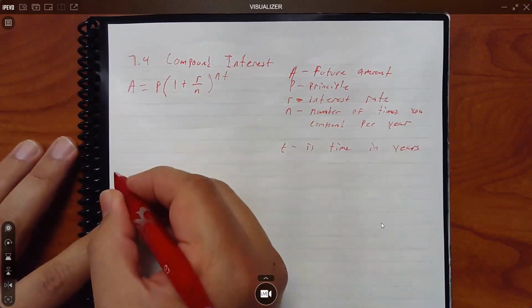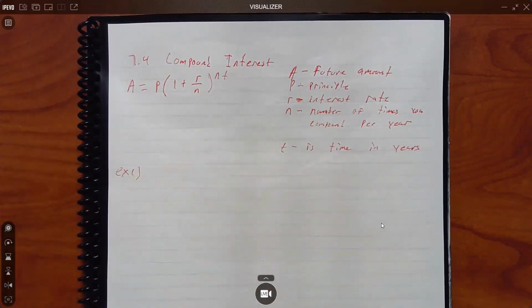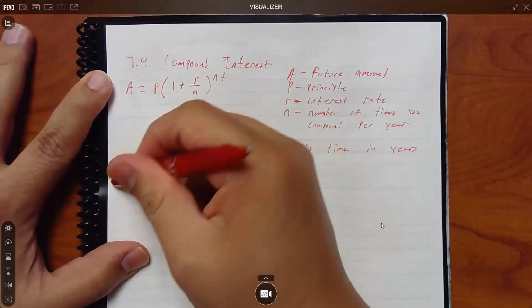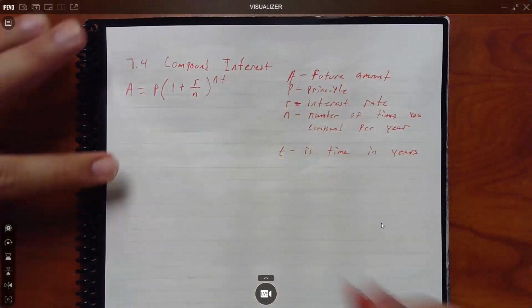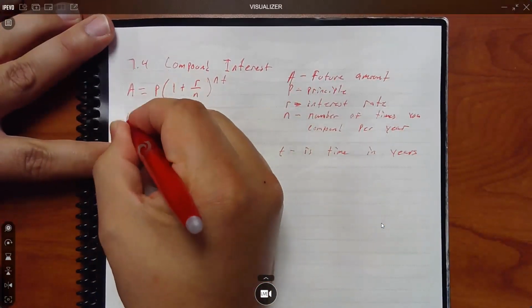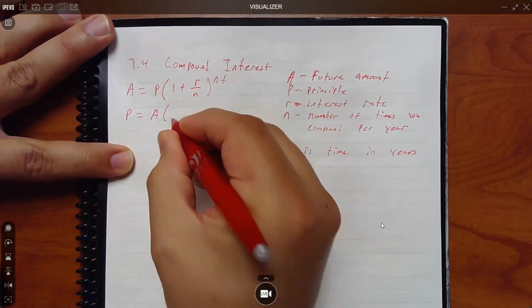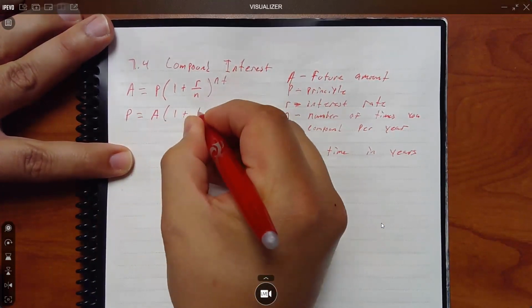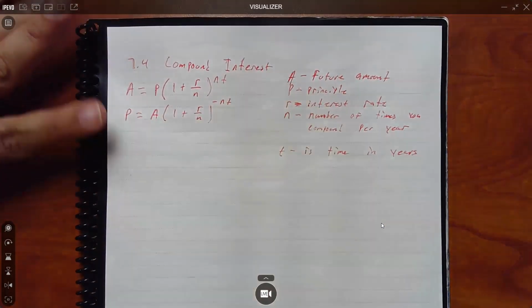Okay, so this first example, we just have to write down what we're given and then calculate whatever they ask. So they may ask for, actually, you know what? Let me give you a couple of formulas. If I solve for P, you can have this formula here. So if they ask for principal and they give you the future amount, use this guy, with negative NT.